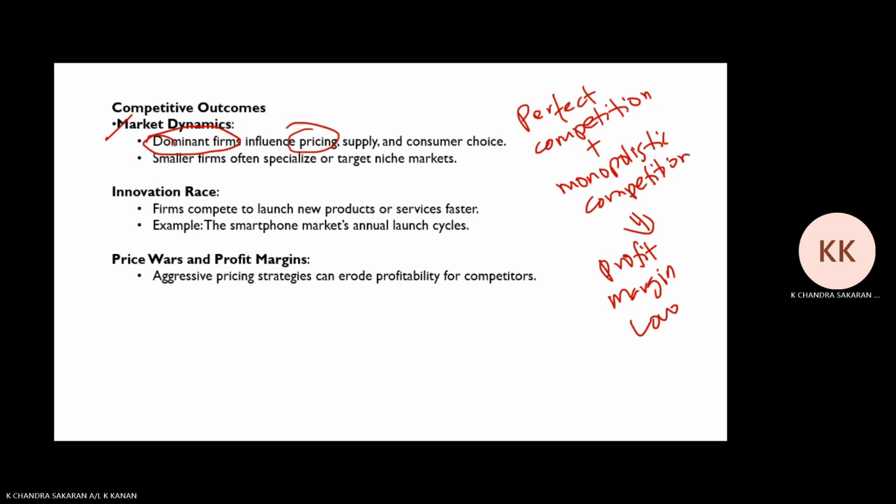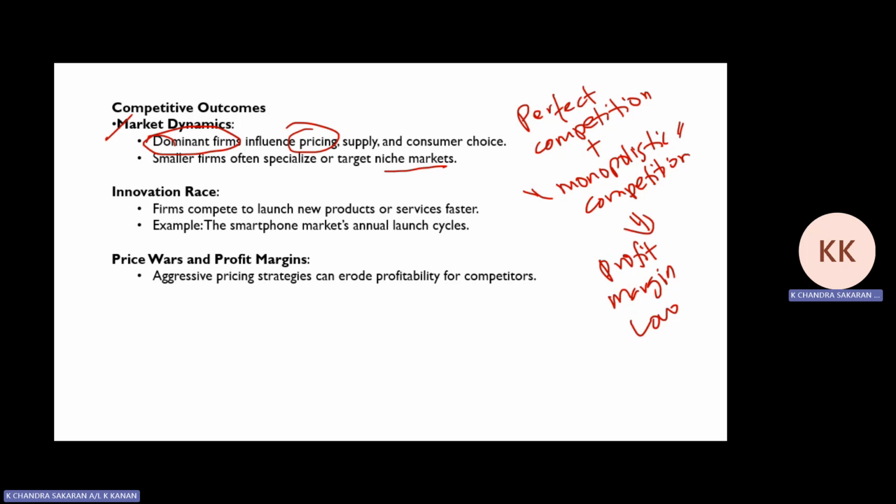Smaller firms often specialize. In a competitive or monopolistic market, the small firms cater for a niche market, for a specific market only, not for the mass market. Okay, that is the competitive dynamic, the competitive outcome.